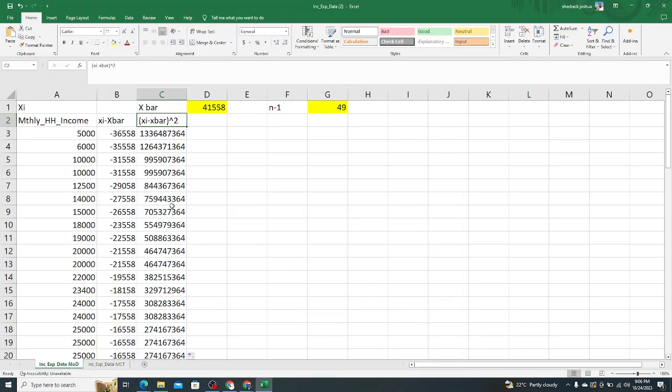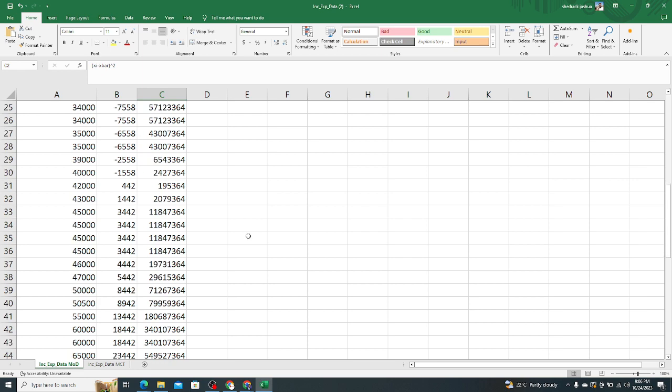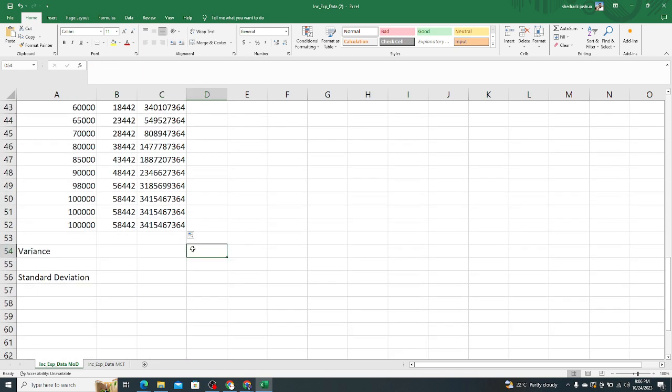So in this case, we need the summation of xi's minus x bar raised to 2.